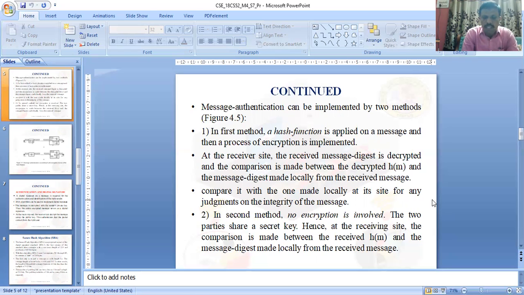Once it is decrypted and compared, the original integrity of the message can be achieved.